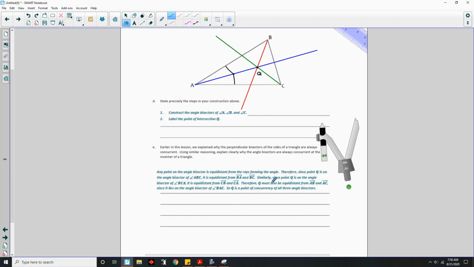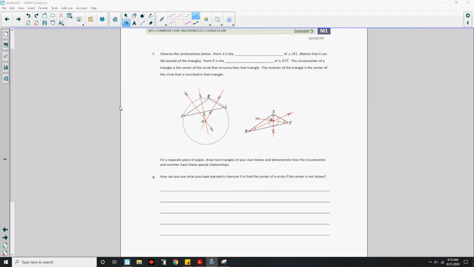Therefore, Q must also be equidistant from ray AB and ray AC because it is a point on the ray that comes out of A and bisects angle A, the blue segment. Since it lies on the angle bisector of angle BAC, Q is a point of concurrency of all 3 angle bisectors.